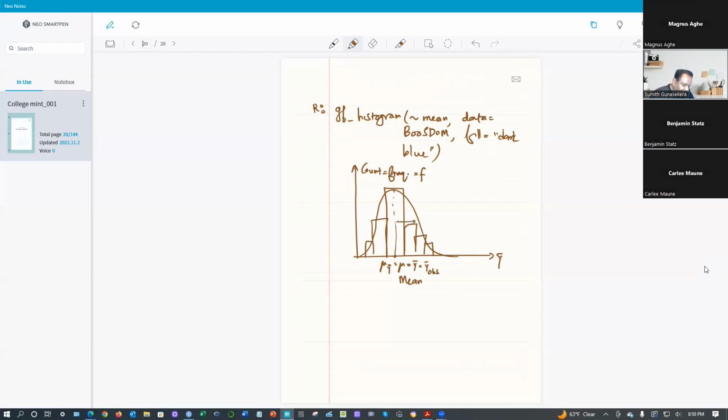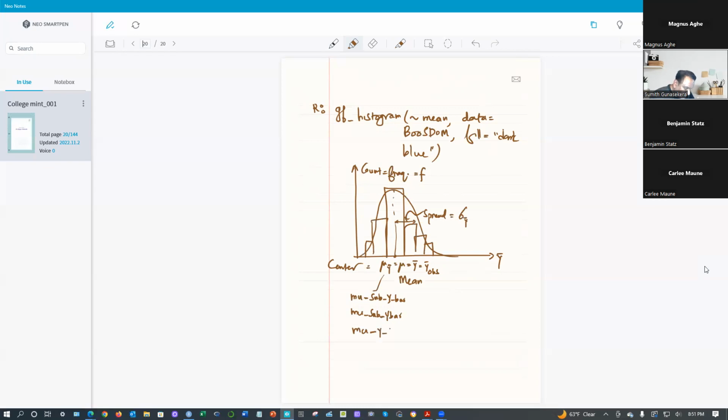On the other hand, the spread would be sigma y bar, or mu y bar, doesn't matter.